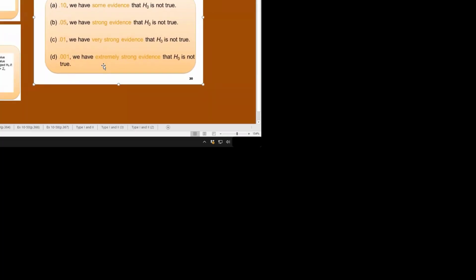For that filling example, the p-value was a little bit over 0.05. So you can say that the evidence that you have in rejecting the null hypothesis is somewhere between strong and some evidence. Does that make sense, Shoshana? Yes, thank you. You're welcome.